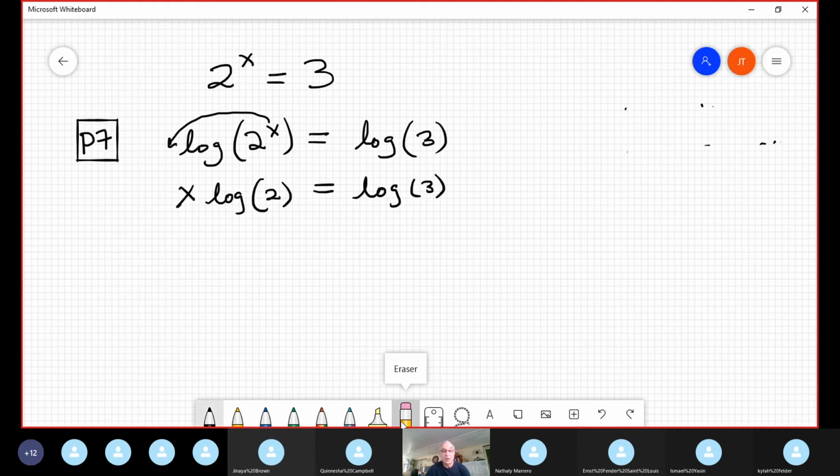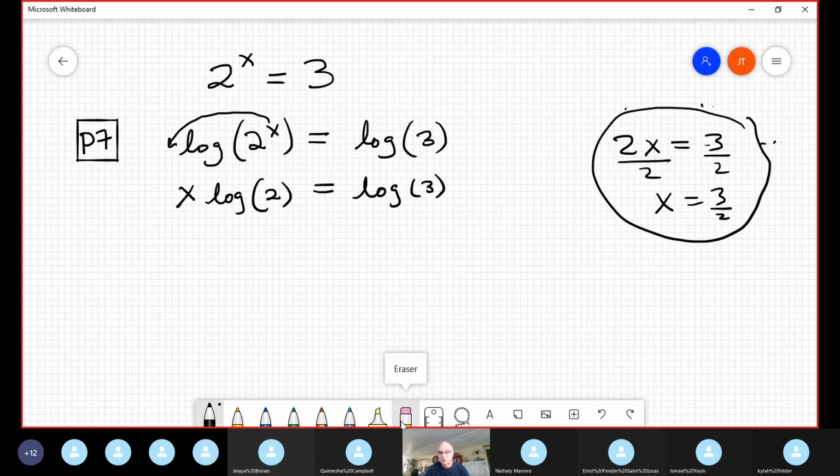Okay, look at that. In algebra, intermediate algebra, elementary algebra, we solve this equation, 2x equals 3. How? Well, you divide by 2. x equals 3 over 2. This is a linear equation. This is an exponential equation. It's completely different.